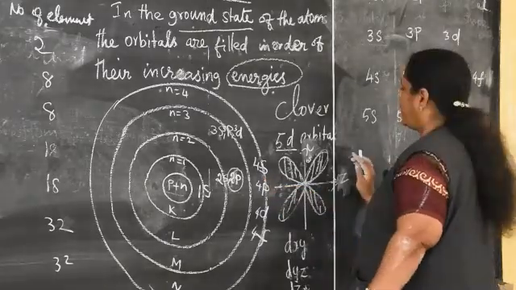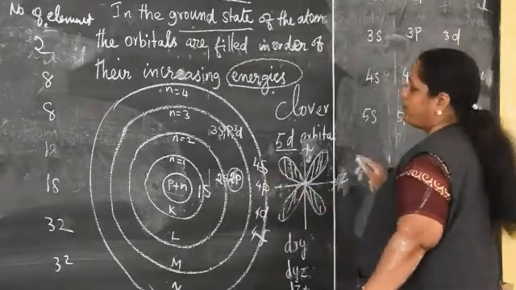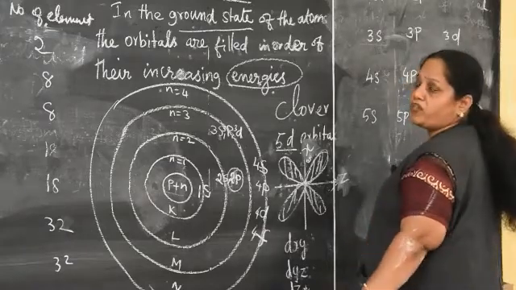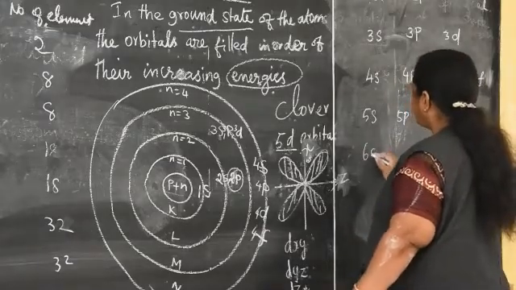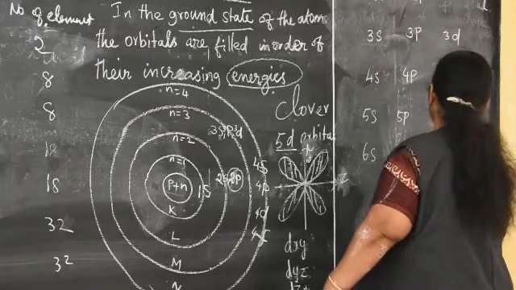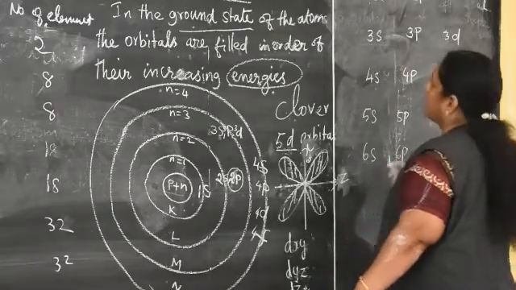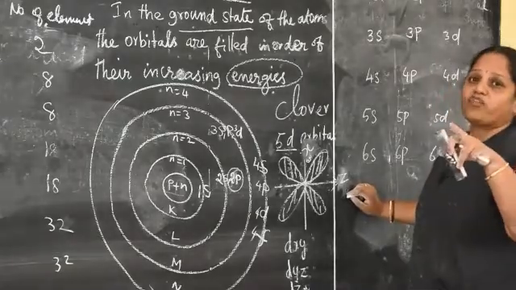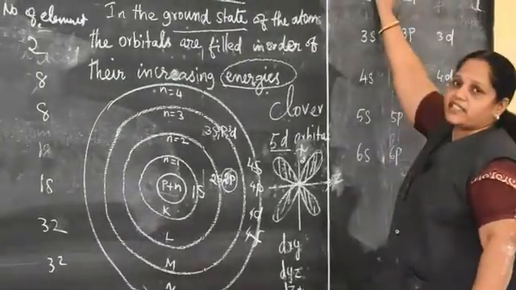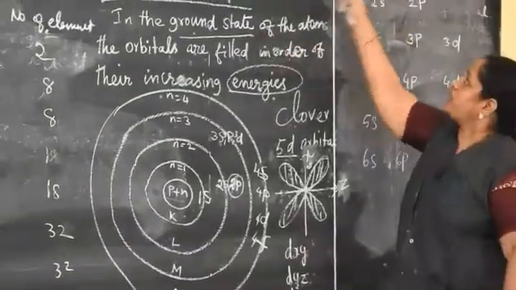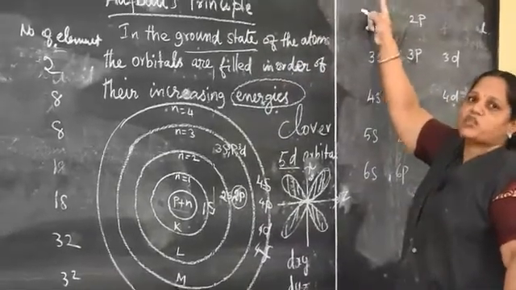Since elements enter f orbitals only, that is why we stop at f. Next we go for 6s, 6p, 6d, 6f, like that. The ground state for any atom is 1s; the first energy level is referred to as 1s.